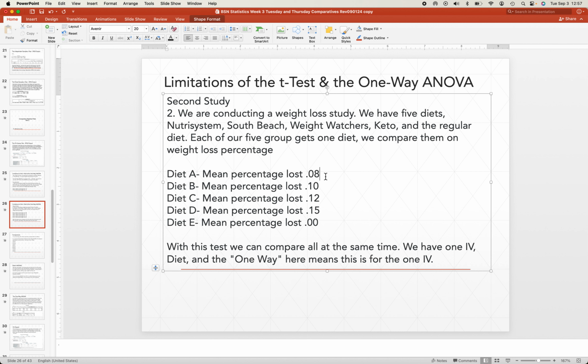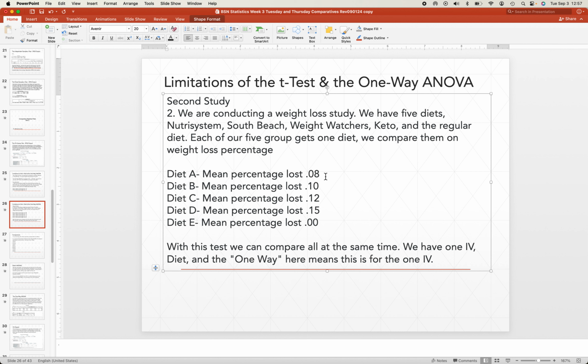But if I look at the whole group, I have 5 different types of diets that we're going to be giving out to our study participants. So diet is an independent variable. It can vary in one of 5 ways in this situation, any of our different diets. But within each group, wearing all the same colored t-shirt, that's not a variable, that's a constant.